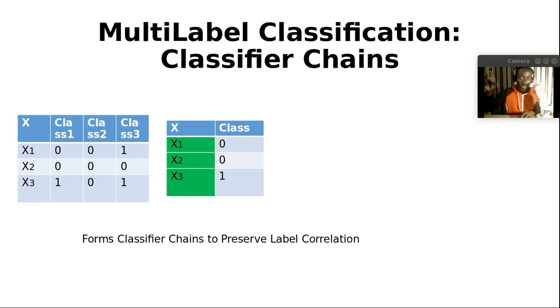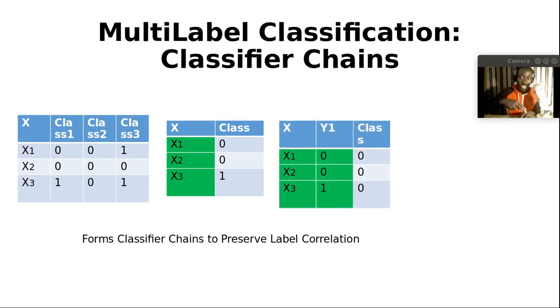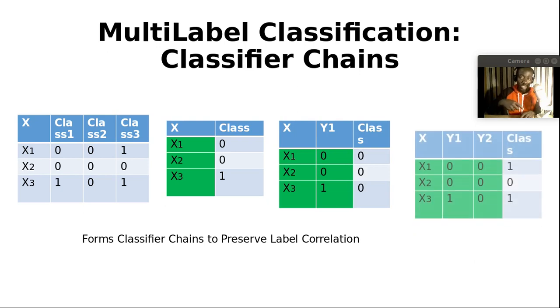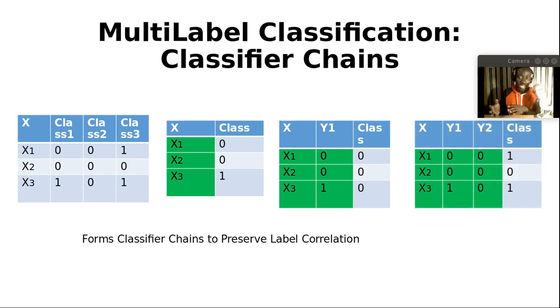The result of our training will be used as a feature for the next one, as you can see in this picture. Then the same thing for the next one. Whatever result you get is added as a feature and then used to train the next classifier. That is the basic understanding behind classifier chains, which is very useful to preserve label correlation. So that is a simple picture to help you understand it.